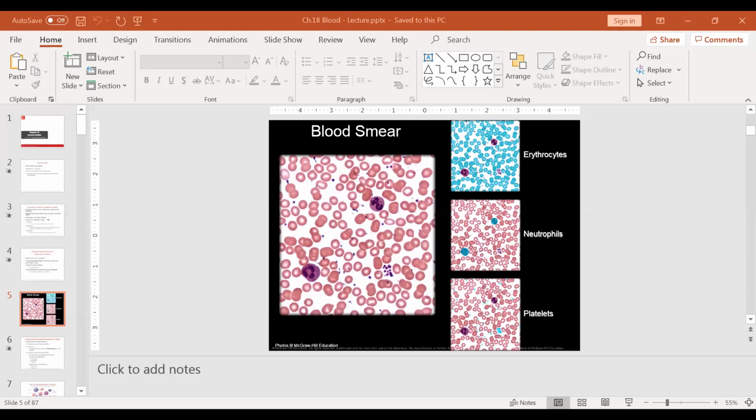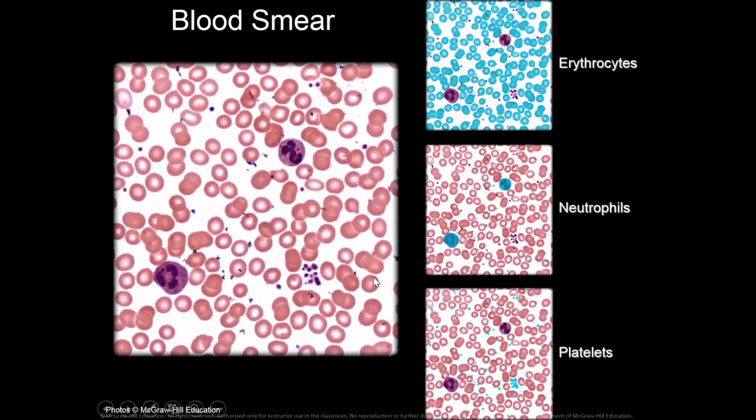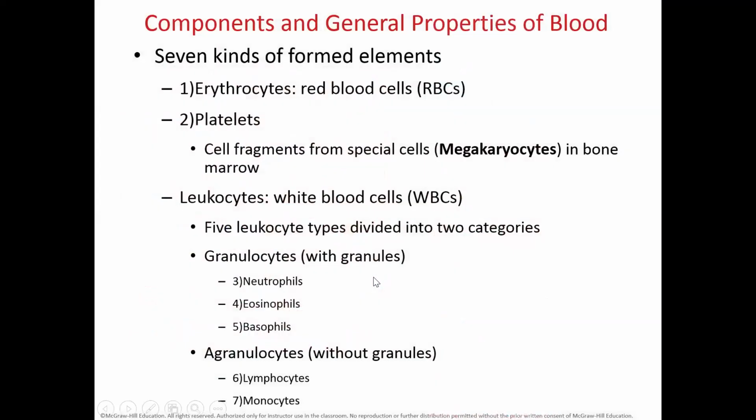Actually, before I go into the notes, I did want to show you this slide. This slide happens to be a blood smear, and how they make that is they put a drop of blood on a microscope slide and then take a cover slip, which is just a smaller piece of glass square, and they smear it along to make a flat surface of the blood to be able to view it under the microscope.